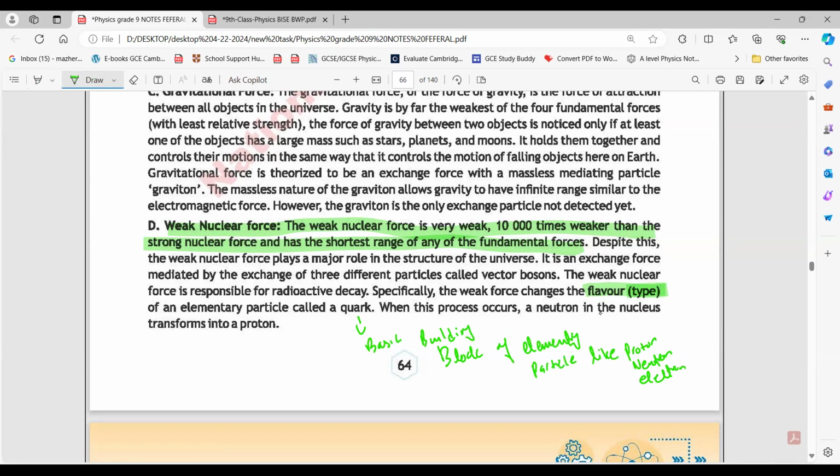And quarks, there are 6 quarks from which these building blocks these are made up of proton and neutron. So with the help of weak nuclear force, we can change the flavor of the quarks. Flavor means the type, the 6 types that quarks have. Neutrons break down into a proton and a.